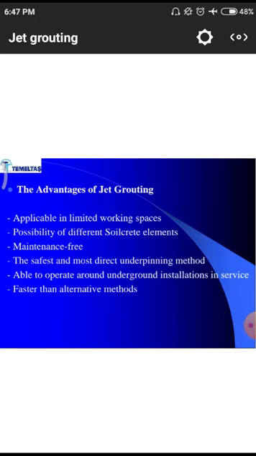They have to drill a short hole below the ground, parallel to the column and below the footing, so that the material can be injected in a short way. After the setting, the total column and foundation will rest on it, and the problem will be nullified because of jet grouting. And it is faster than any alternative methods.